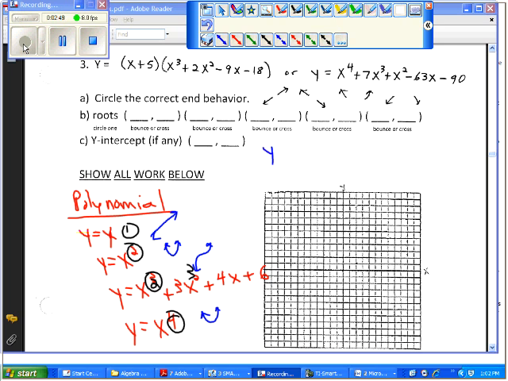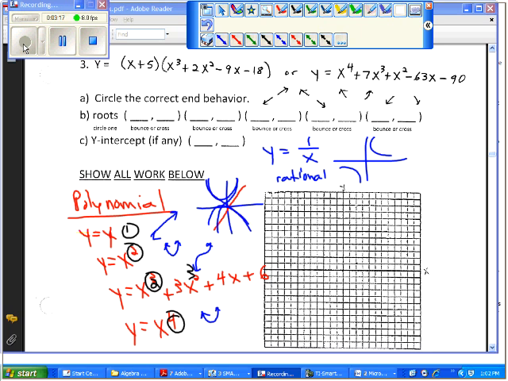If I had something like y equals 1 over x, that is a rational graph. It actually looks like that, okay? So you may realize that your polynomial graphs look like this, or this, or this, or this, or this, right?